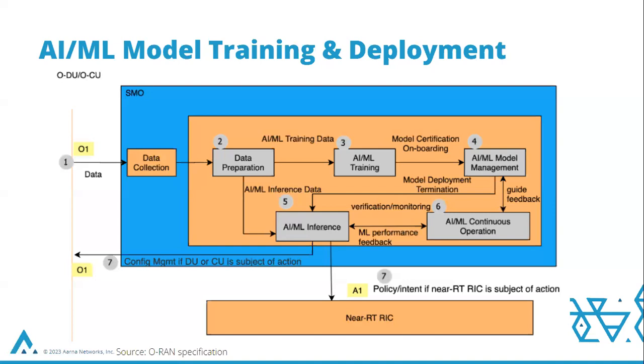After the data preparation, it will directly come to step number 5 here, and the AI/ML inference host will give the action. That action can be either config management on the CU or the DU, or it can be a generation of the policy or the intent that will go to the Near-RT RIC via the A1 interface.